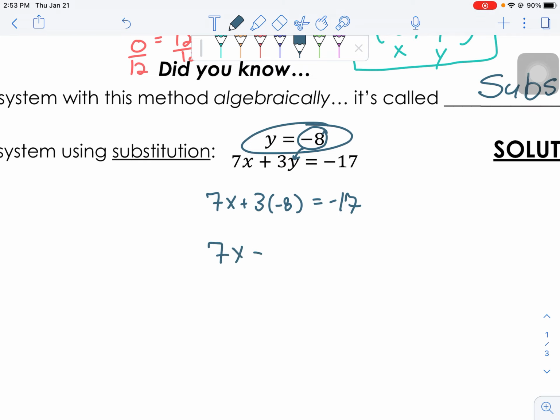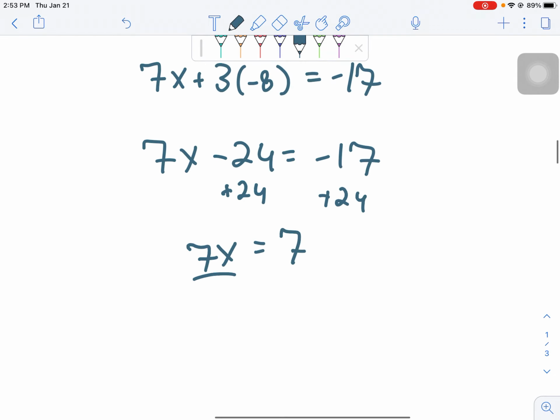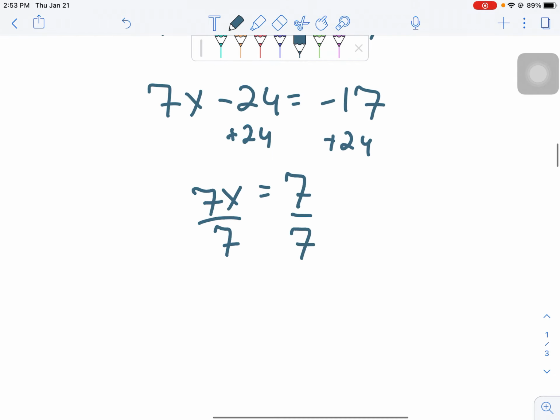So then we have 7x minus 24 is equal to negative 17. You add that 24 to the other side. That gives you 7x is equal to negative 17 plus 24. So that's positive 7. So divide each by 7, and you get x is equal to 1.